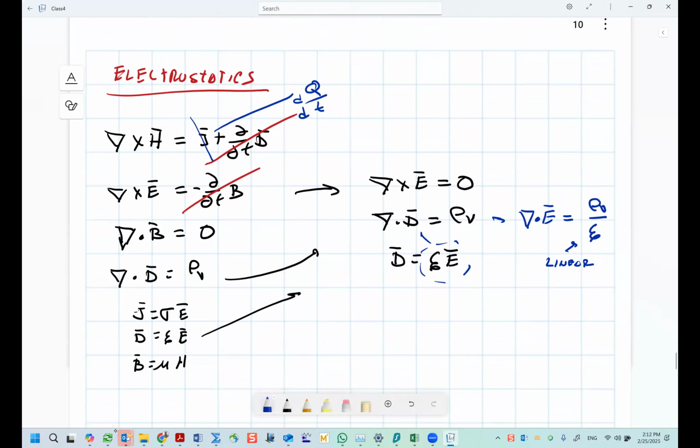Can I get it out of the derivative always? In most cases, the permittivity is constant by material. It's not constant at the boundaries between different materials. And it will be rare that you find a material that has properties that change with direction or magnitude, non-linearities. So linear, isotropic, and homogeneous.